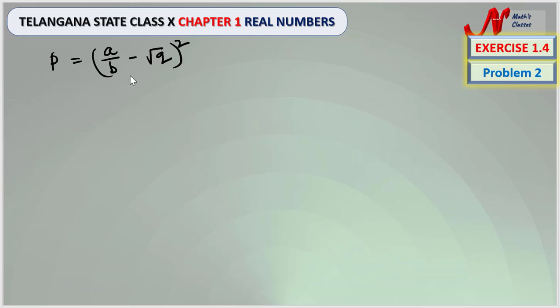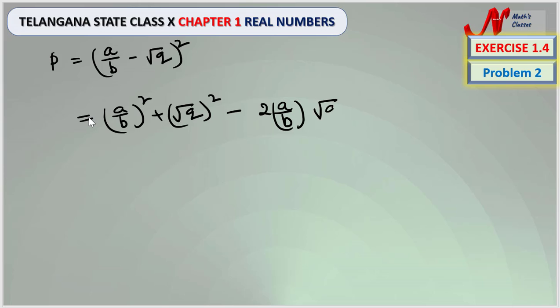By using the formula, we can expand (a/b - root q) whole square as (a/b) whole square + (root q) whole square - 2 into a/b into root q. So in the LHS, we write p. So this can be written as a square/b square + q, where root and square cancel, minus 2a/b root q.